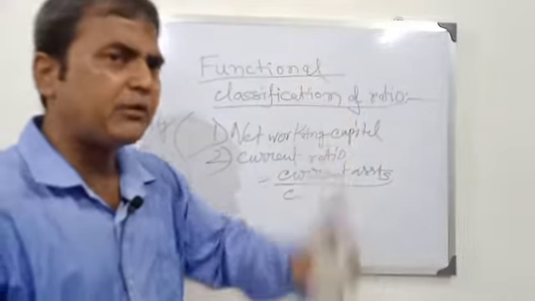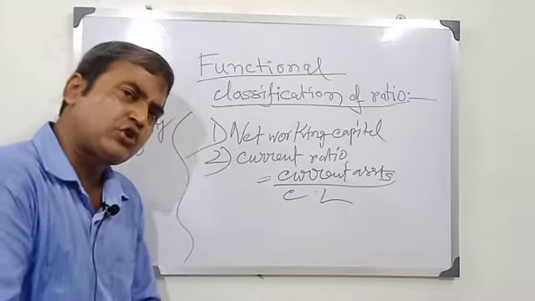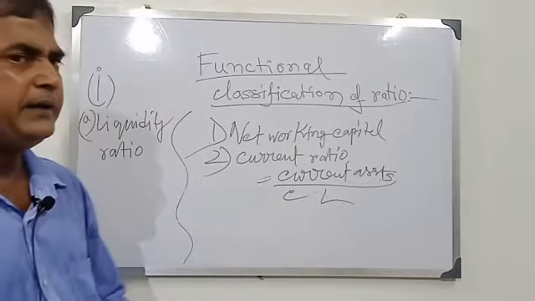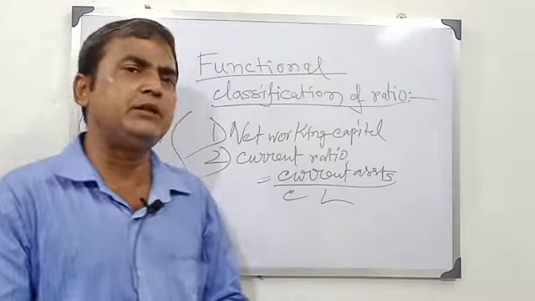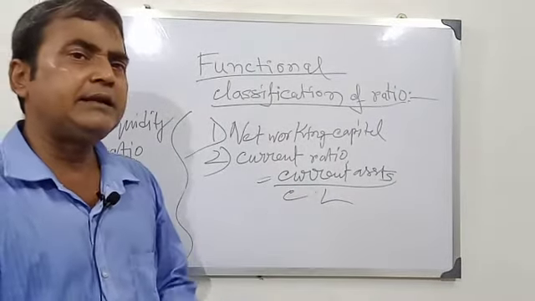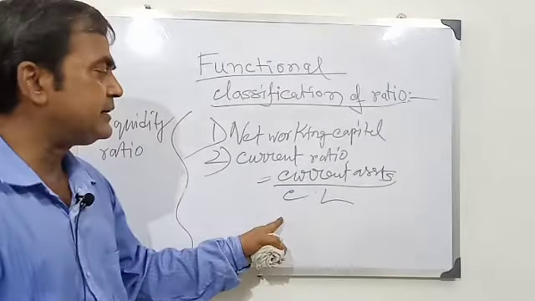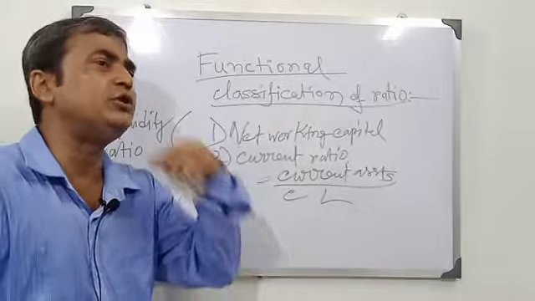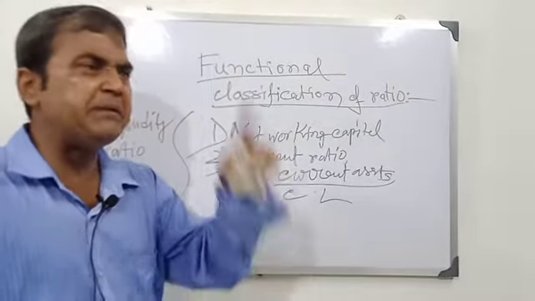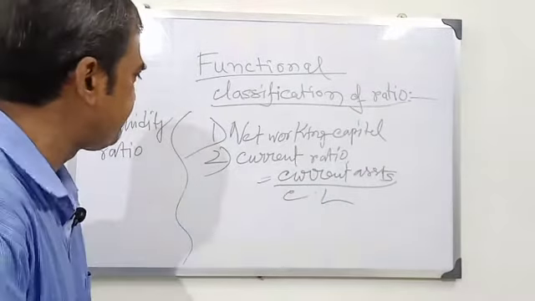If I pick up one after another: short-term investment, closing stock, stock sold on credit, debtor, bill receivable, prepaid expenditure, accrued income, and then cash at bank, cash in hand, everything. Current liabilities are the liabilities which you have to meet in a very short period of time, that is creditor, bill payable, outstanding expenditure, income received in advance.